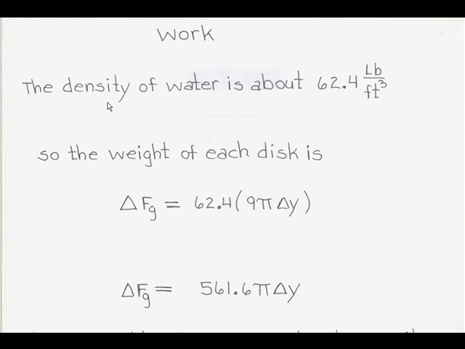Now we know that the density of water is approximately 62.4 pounds per cubic feet. So the weight of each disk is 62.4 pounds per cubic feet times the volume, which is 9 times pi times delta y cubic feet. The cubic feet units cancel, and that leaves us in units of pounds.